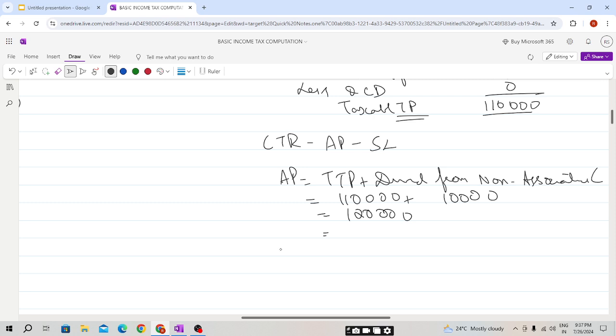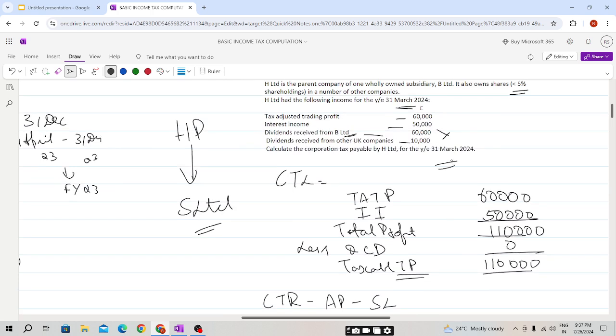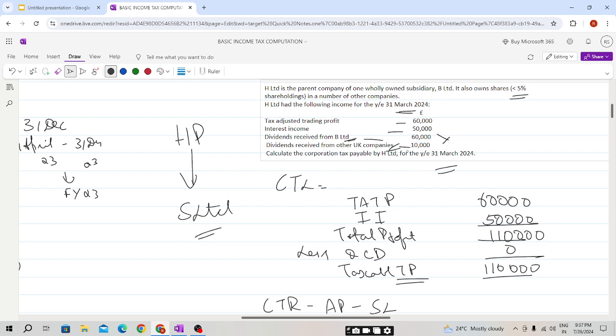Now we need to compare with the statutory limit. Statutory limit is upper limit and lower limit, 250,000 and 50,000. So students, this limit will be apportioned if short accounting period. Here it is for the full year, and the second one will be the number of associated companies, students. Associated companies will not include dormant companies. In B we have control, so 1, and the parent company also needs to be included.